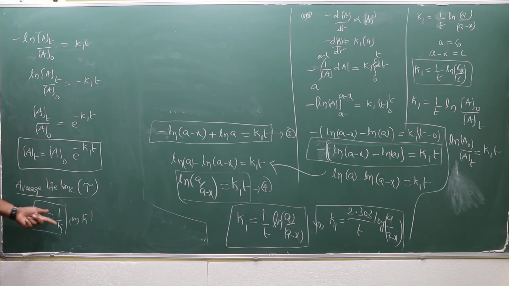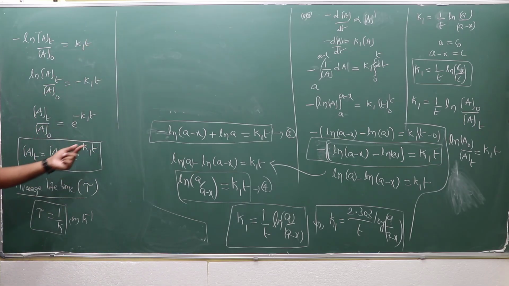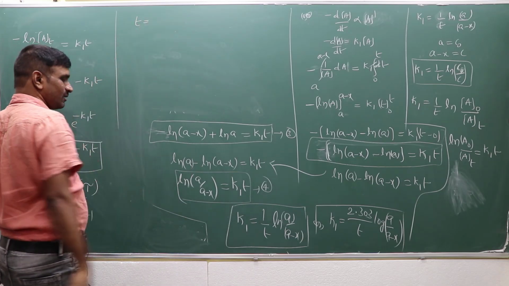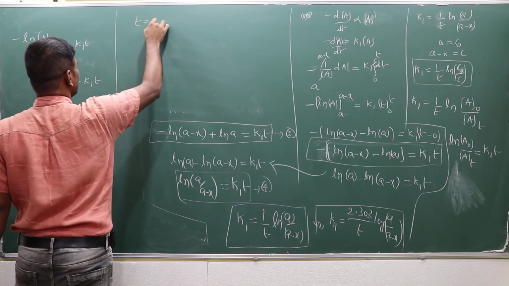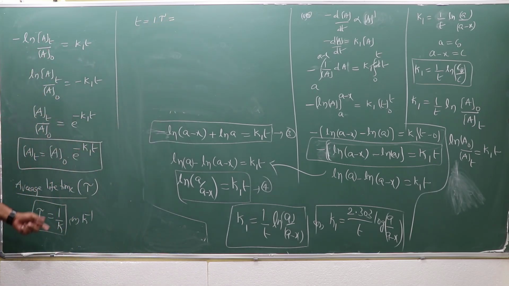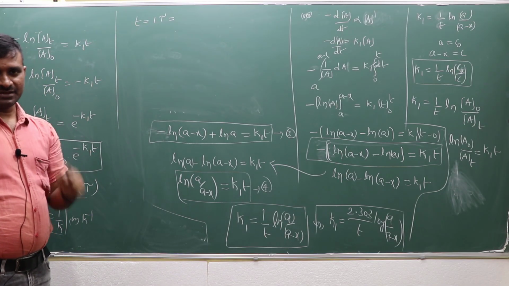When the average lifetime tau is equal to 1 by K, here tau 1 is equal to 1 by K1. If time t is equal to one average lifetime, 1 tau, in first order kinetics, the time of the reaction, time t, is equal to 1 average lifetime, 1 tau.